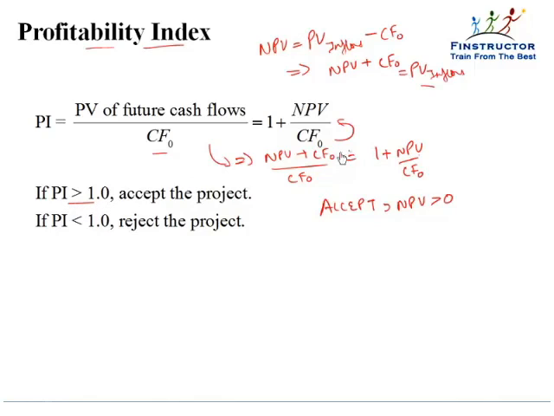So if profitability index is greater than 1, it means the NPV is greater than 0, and you should accept the project. If NPV was negative, the profitability index would have been a number less than 1. So if the profitability index is less than 1, then the NPV of the project is negative and you should reject the project.